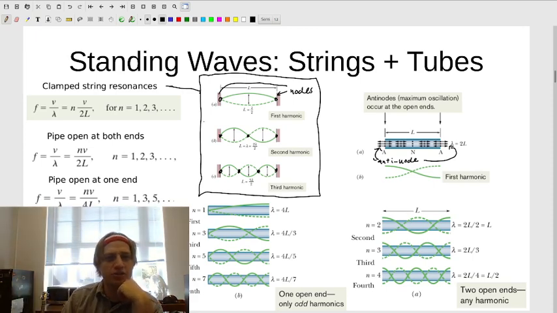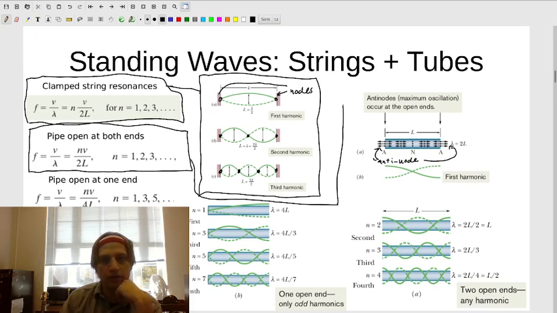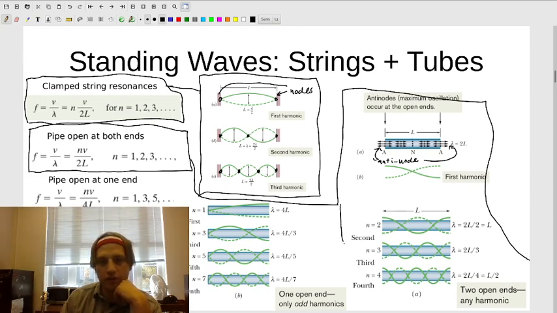Interestingly, the opposite is true with light. Light, for reasons we will discuss when we come back from break, seems to travel slower through materials than it does through air. Okay, so there's our second case, where we have two open ends.